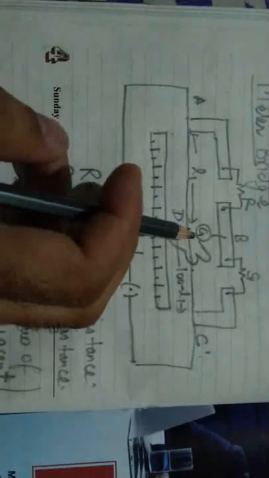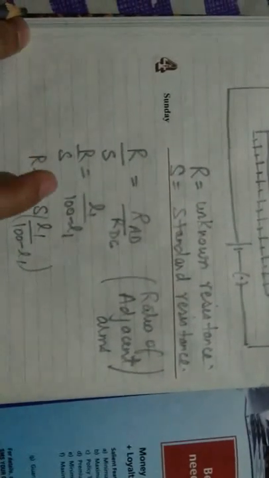So we can say R by S is equal to L1 over 100 minus L1. So R is equal to S times L1 over 100 minus L1. We have the meter scale just adjacent, so if we know the length L1, the other length will be 100 minus L1. S is known, L1 we know, so we can get the value of R.